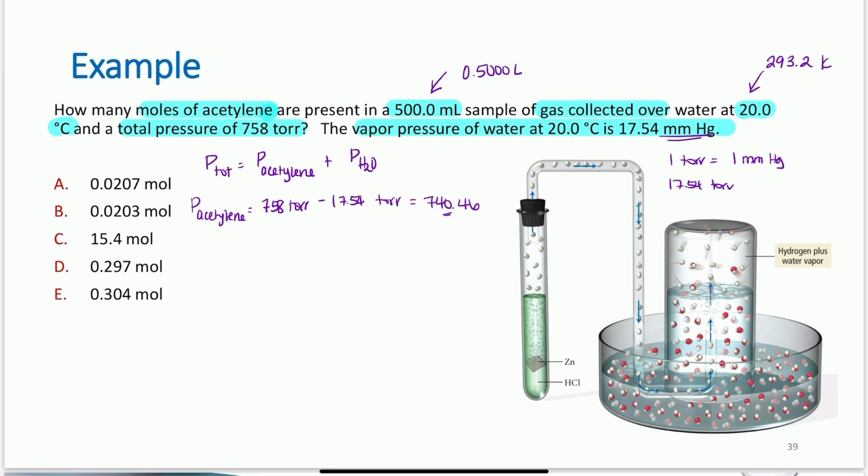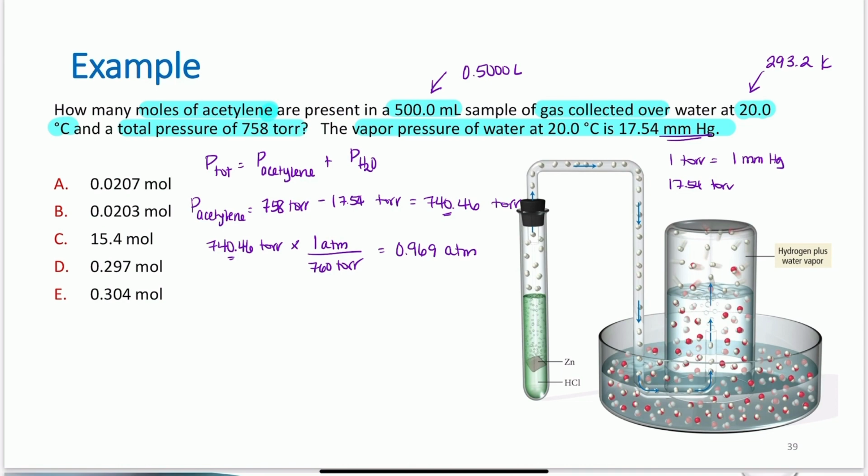My sig figs are here at the 0, but I'm going to hold on to this for right now. This is torr. Now I'm going to convert that to atmospheres. You can convert whenever you want. I prefer to convert at the end. 1 atmosphere is 760 torr. Again, you could have converted everything to millimeters of mercury as well. I don't care, as long as you're dealing with the same units. 0.969 atmospheres.